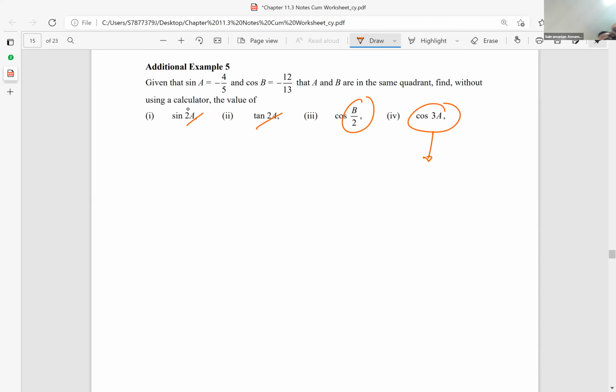Understand? So this would be like your A, this one would be like your B. So it's like your A plus B cosine addition formula. But because you have a 2A there, it will give more complexity to the question itself.